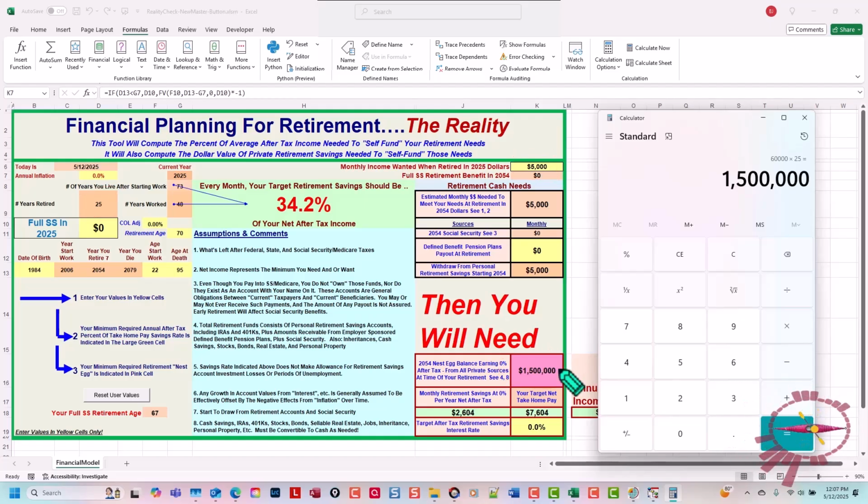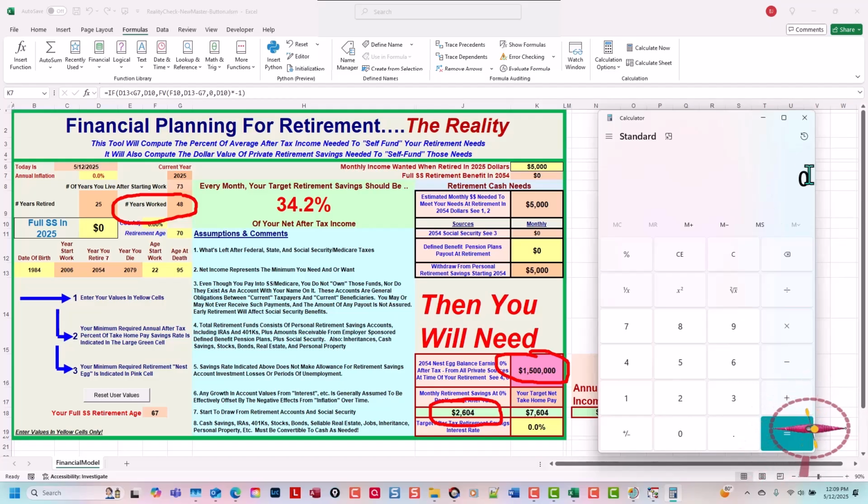The model also says that if we want to meet our $1,500,000 nest egg, we need to save $2,604 every month during our working career. And we have already determined that we're going to be working 48 years based upon the numbers we entered.